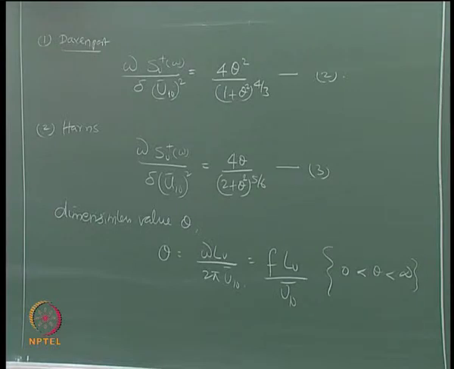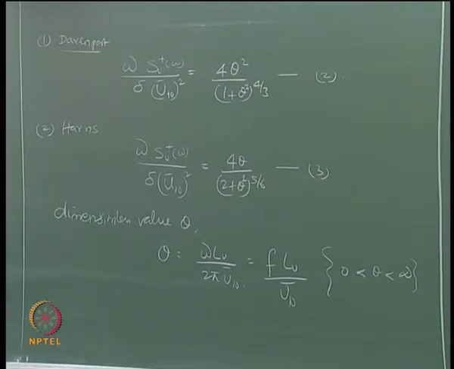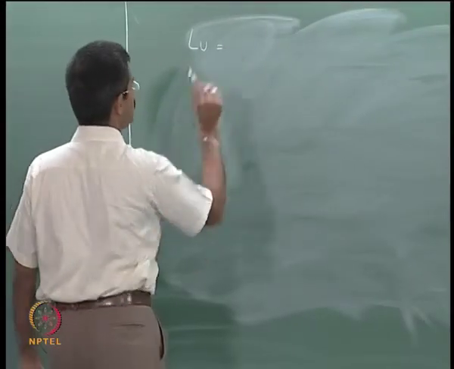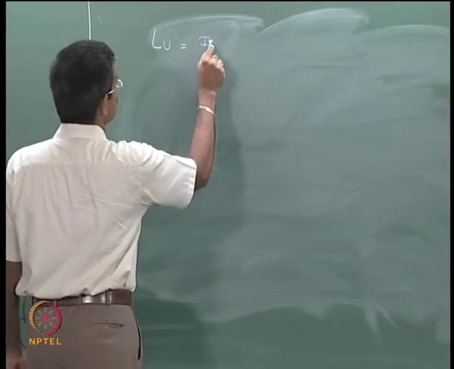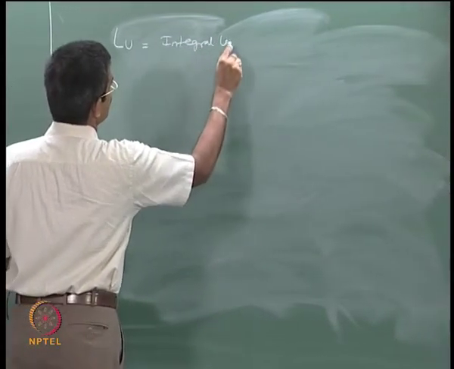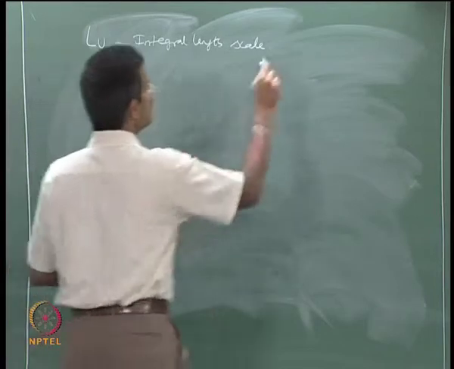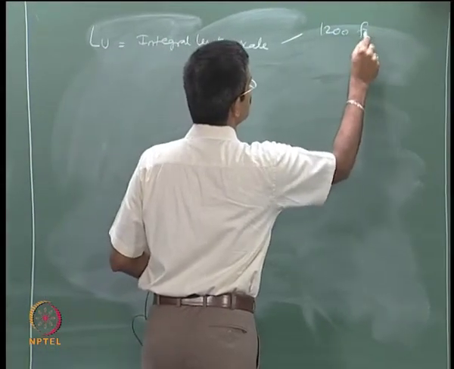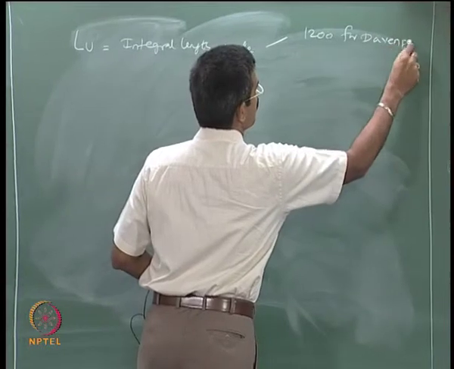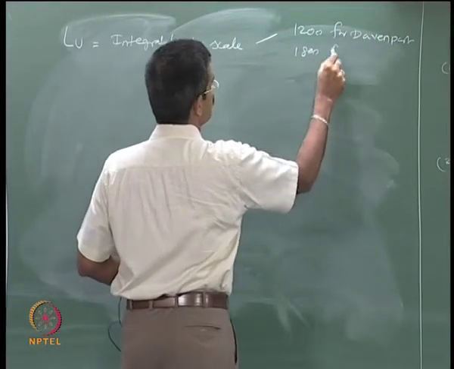Now in this case, L_U is called the integral length scale, which is taken as 1200 for Davenport and 1800 for Harris.